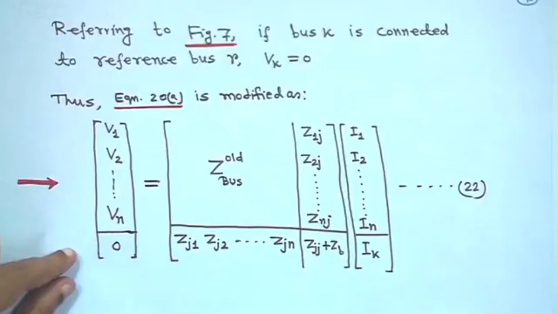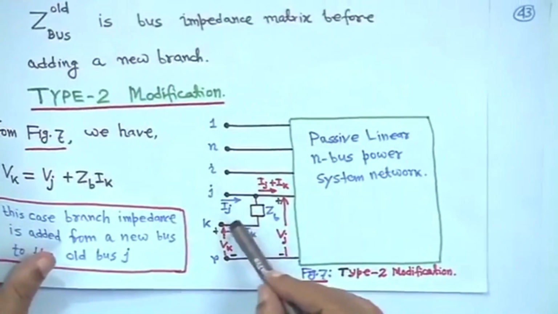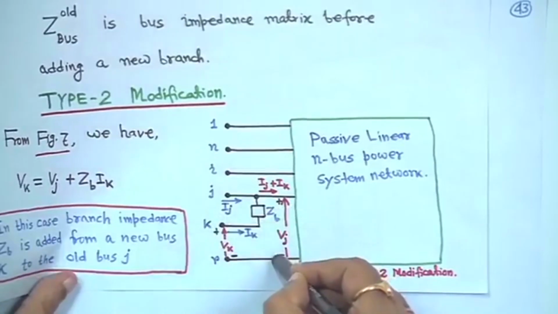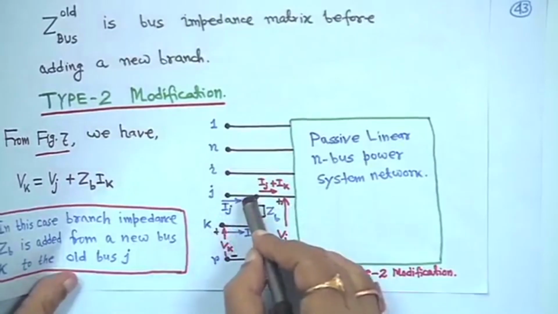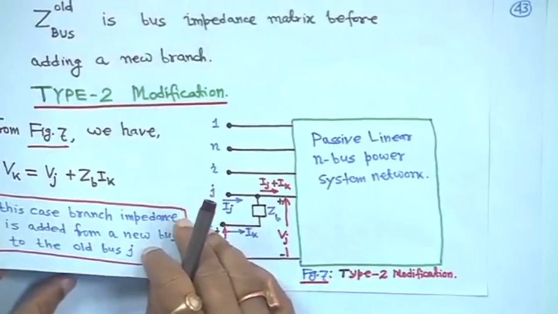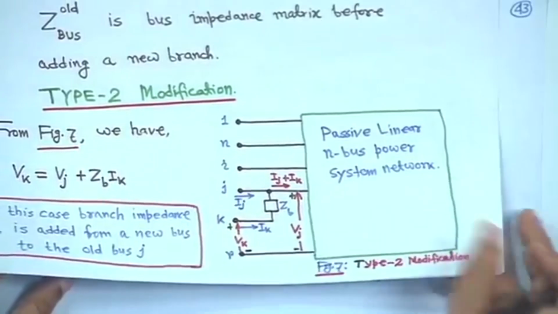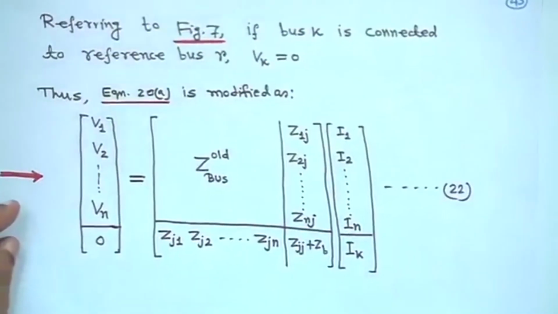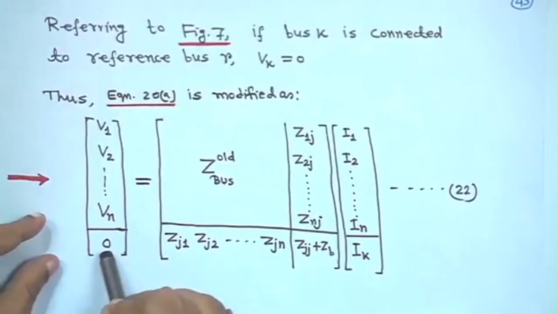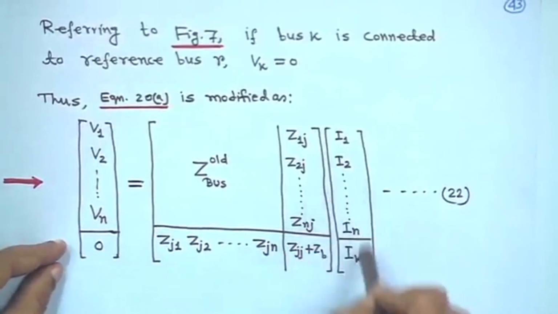As soon as you bring this node here, the old bus is connected to the reference bus, so there is no question of increasing the dimension of the Z bus matrix. Vk is 0 and the rest of the equation is the same.